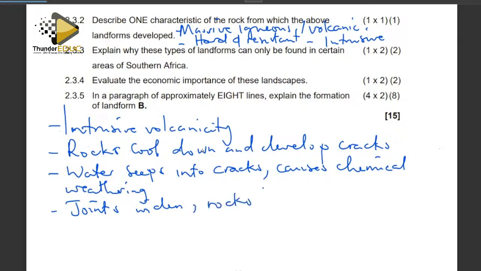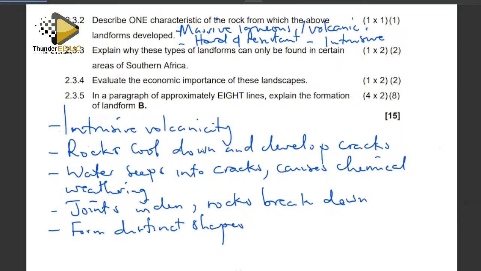The rocks will break down. If it was one core rock with some cracks, then they're going to break down. As they break down, they form distinct shapes. They become rounded, or what we call the core stones.